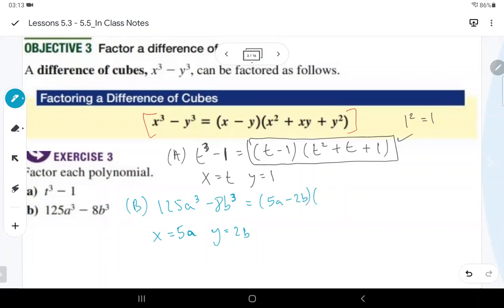X squared will be 5a quantity squared, so 25a squared. Xy is going to be x times y, so 5a times 2b is going to be 10ab, so plus 10ab.